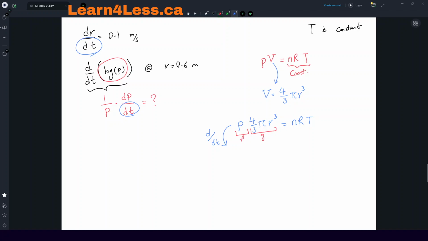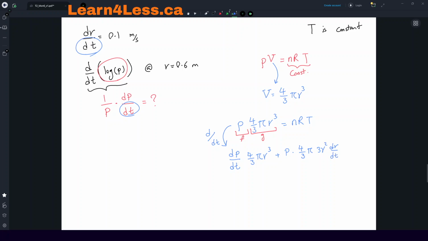When you are taking the derivative, you take the derivative of the first one, f, for example, it's p prime, which you can write as dp over dt, which is more precise, times the second one as is, 4 over 3 pi r cubed, plus the first one as is times the derivative of the second one, which is 4 over 3 pi 3r squared dr over dt.